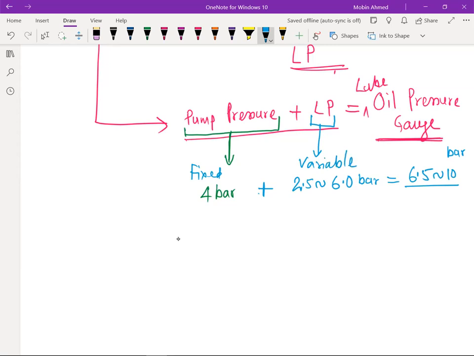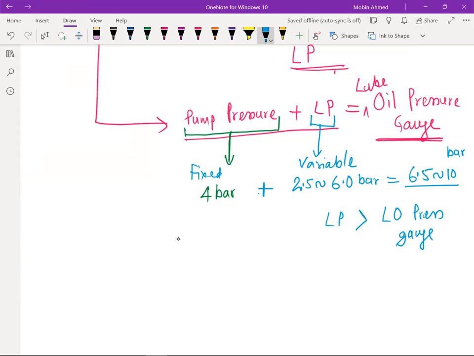And that's why this is also going to read higher than the LP pressure. The lube oil pressure, the gauge pressure we are talking about, is always going to be higher than this.